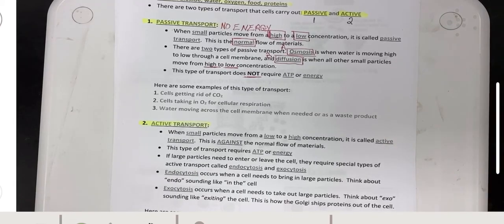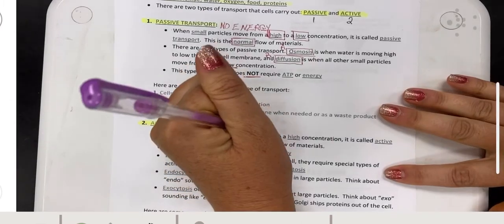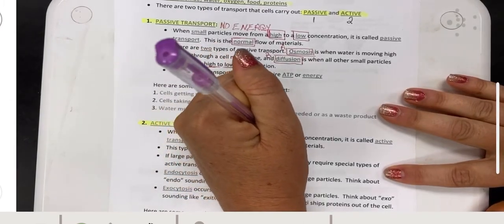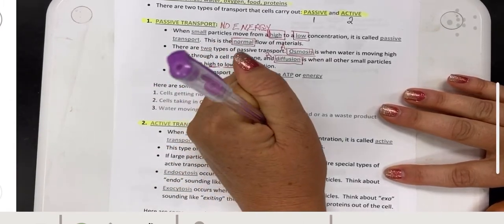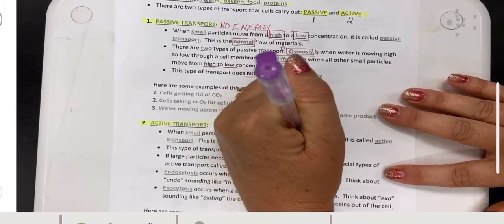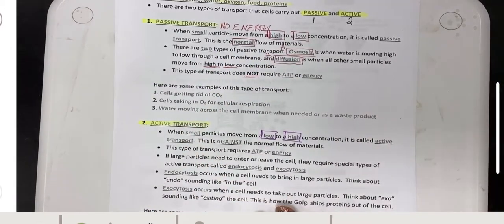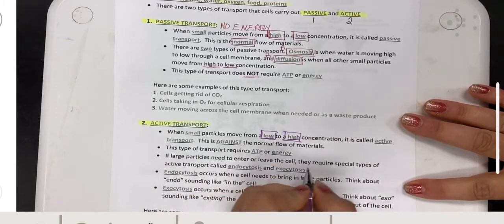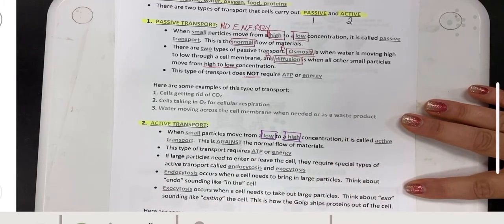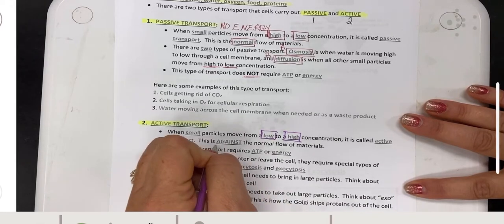Now, I want you to imagine rubbing your dog or cat or whatever pets you have at home. So now let me just box in low to high. So now I'm going to swim upstream. I'm going to go against the flow. So I'm going to have to use some type of energy in order to get this process going. This is going against the gradient.